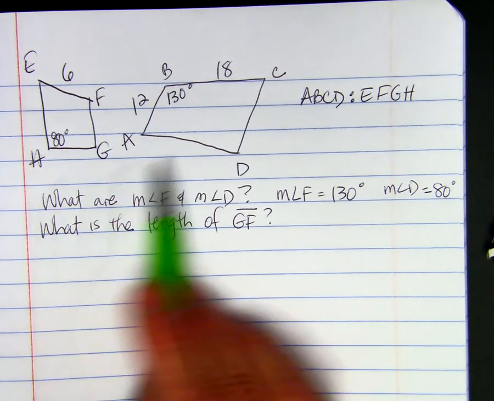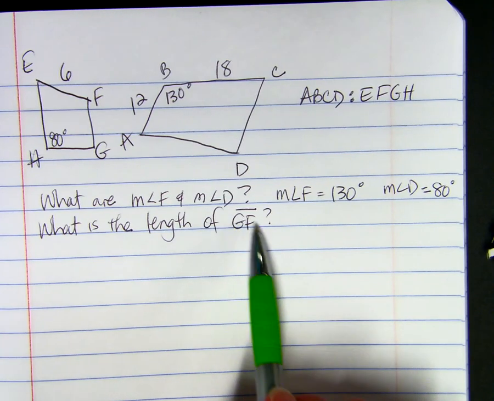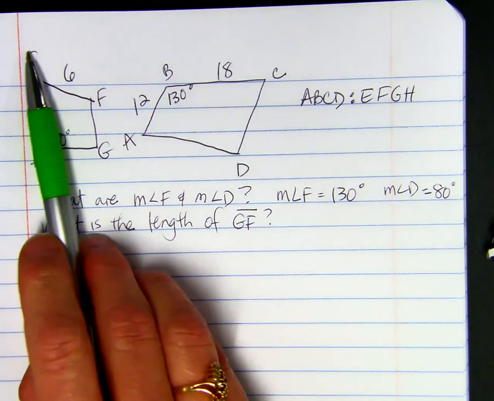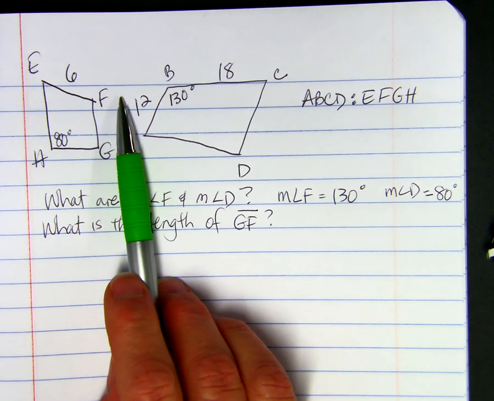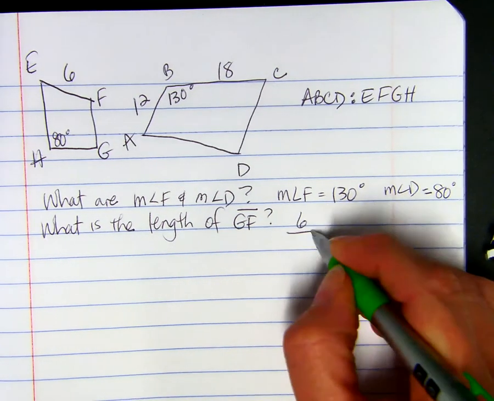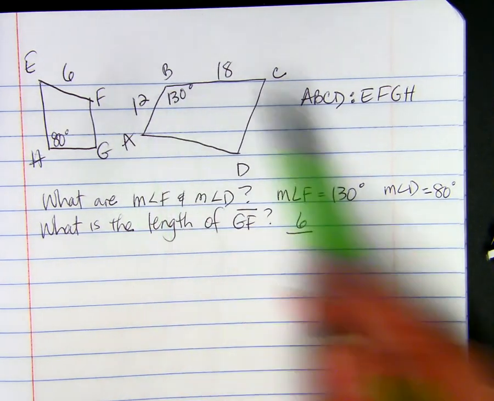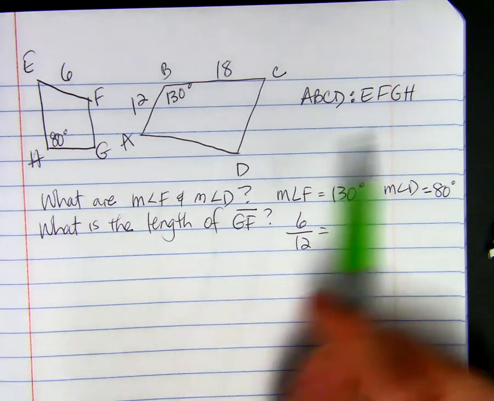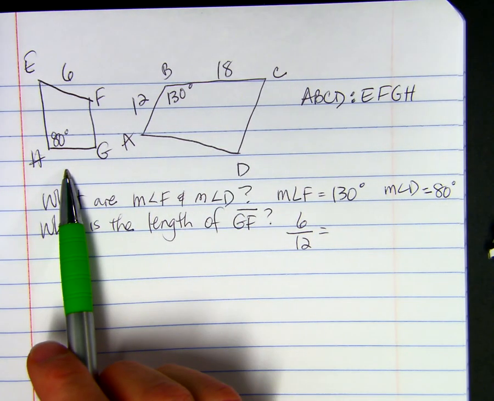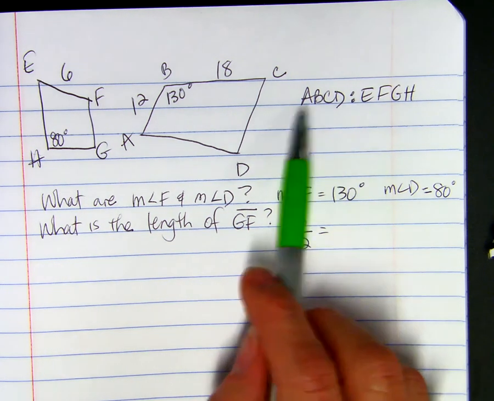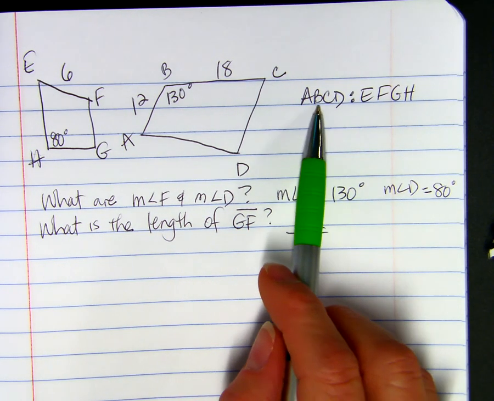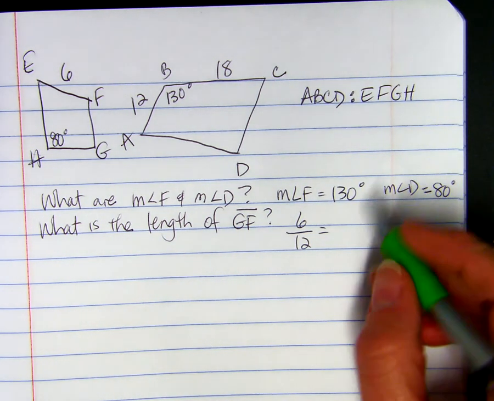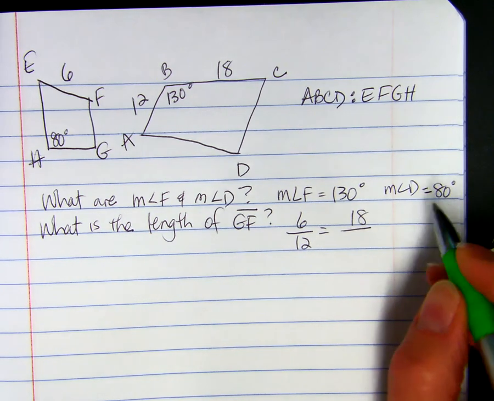So you can do a proportion. You can have EF, so 6, is to AB, so 12, as EF to AB equals GF to CB, so 18. Whoops, I did that wrong.